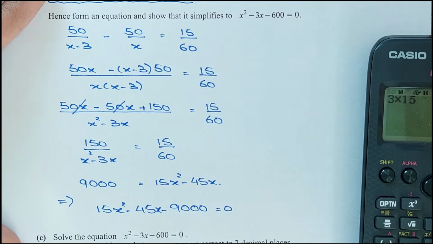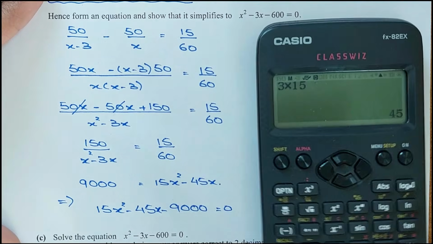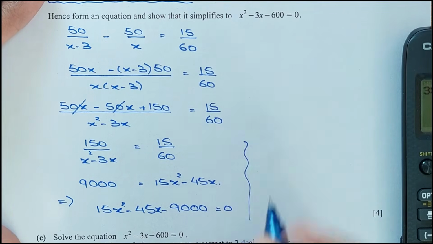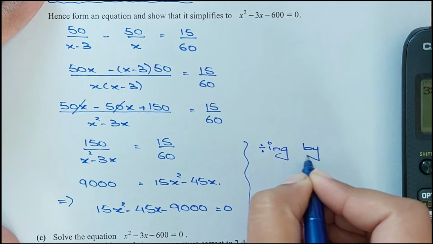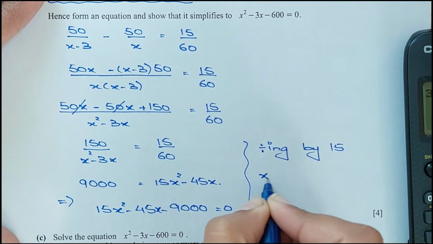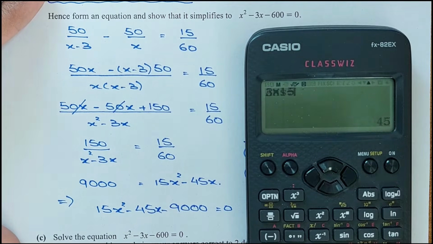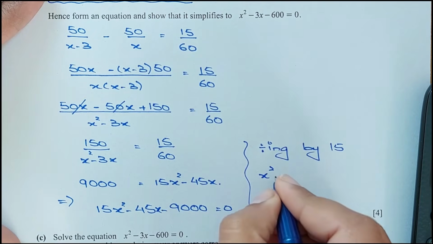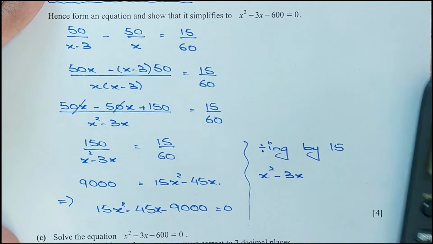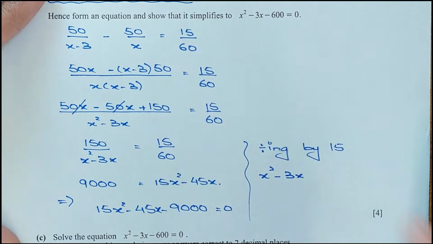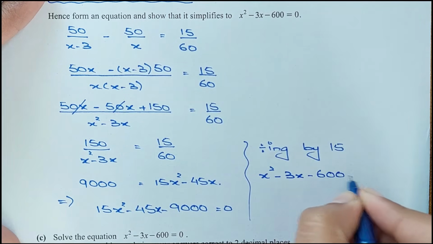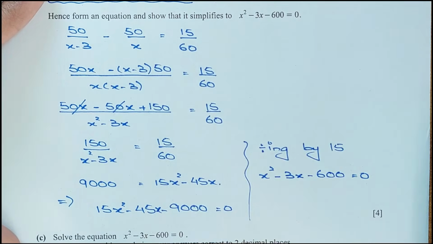Let me simplify this equation. Because the x squared coefficient should be just 1, we divide by 15. We have x squared, 45 divided by 15 is negative 3x, and 9000 divided by 15 is 600, minus 600. So this equation simplifies to this.